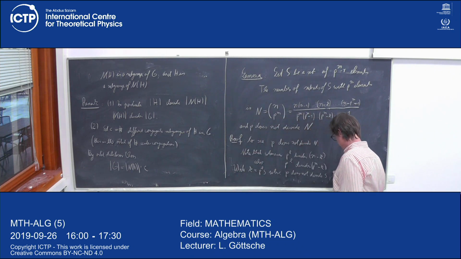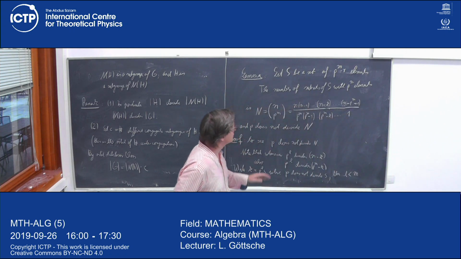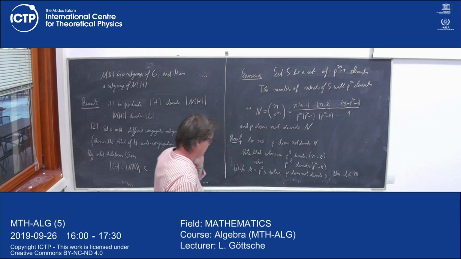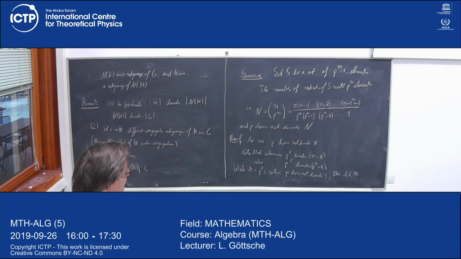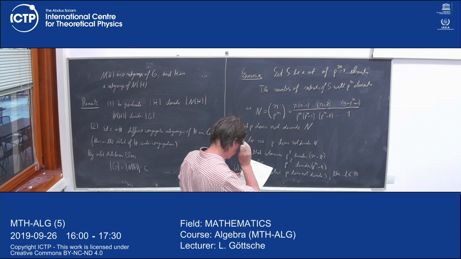Then clearly l is smaller than m, because this p was the highest possible power that divides it.